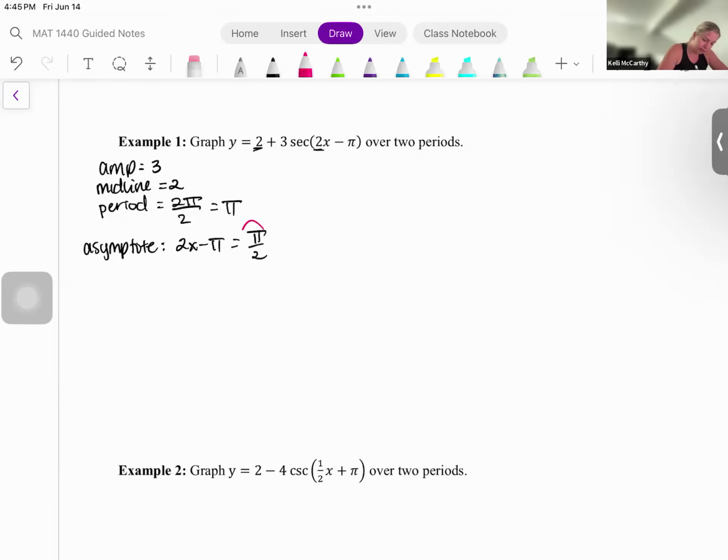Again, the reason we're setting it equal to pi over 2 is because this is a function of secant. So that's our first positive asymptote in our parent function for secant. So adding pi to both sides, we get 2x is equal to 3 pi over 2. Dividing both sides by 2, x is equal to 3 pi over 4 is going to be our first vertical asymptote.